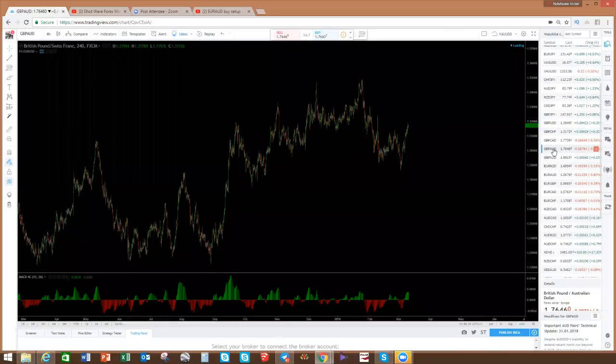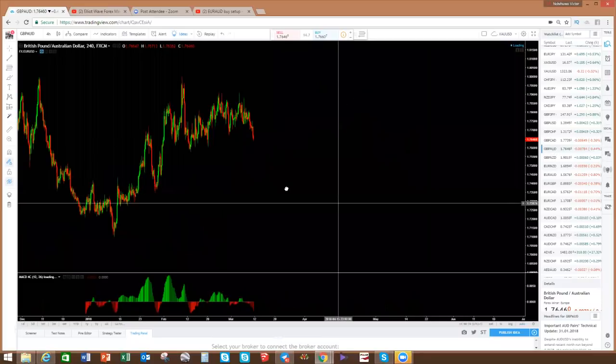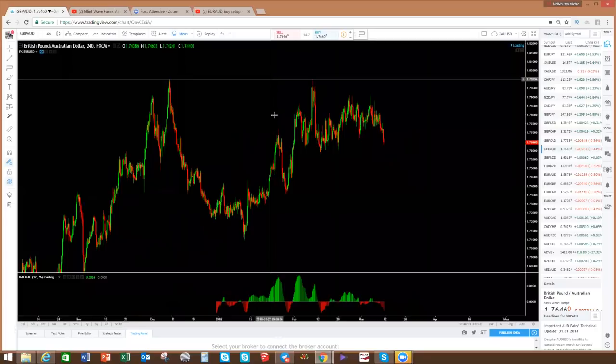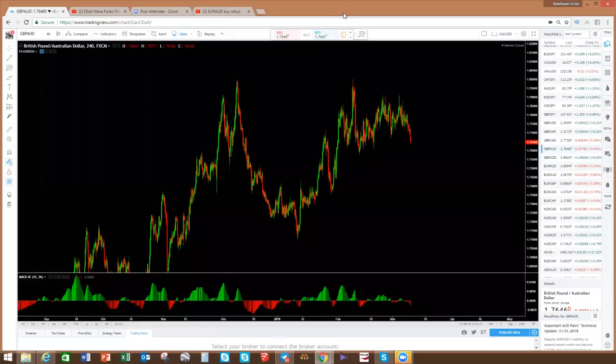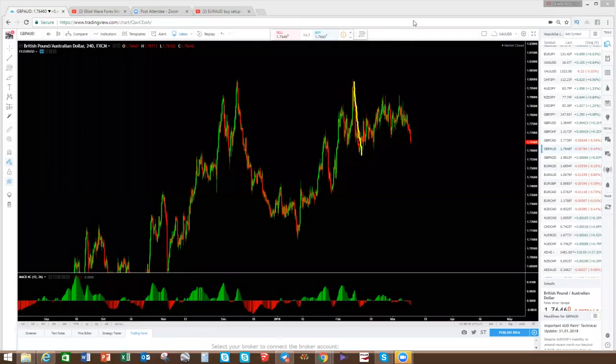When we started with pound AUD, I showed you the fractal nature of this pair. Right now it has retested this top here. It has retested that top, and now we've got an impulsive move down, and that move is starting to look a little bit more complex now because we've got 1, 2, 3 here, and now we're getting this 1, 2, 3. I don't know if this is done.